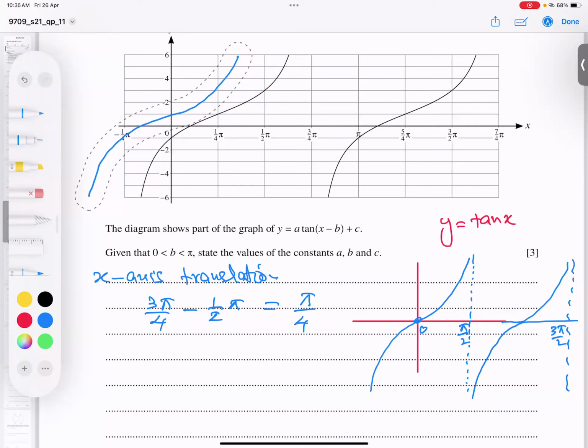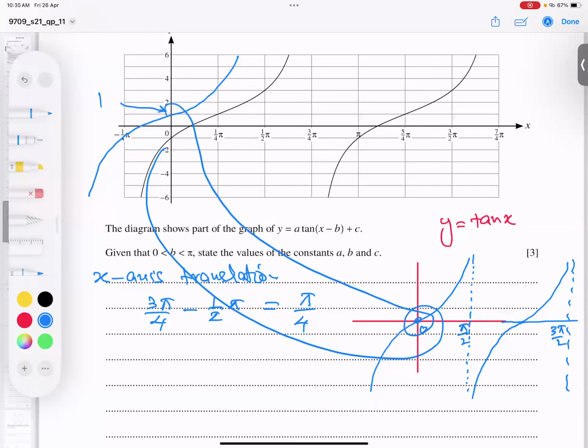You see? Now the asymptote is pi by 2 originally. This is the parent function. But see this one, normally it is 0, but it is not 0, it is 1. This is a 1. It means this was originally 0, but it reached 1. It means it moved up one box.